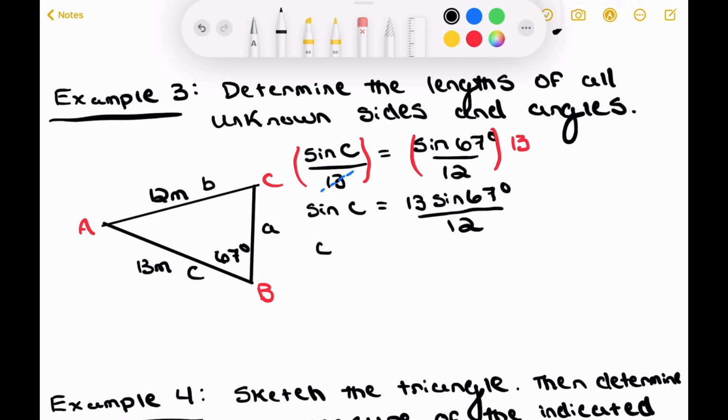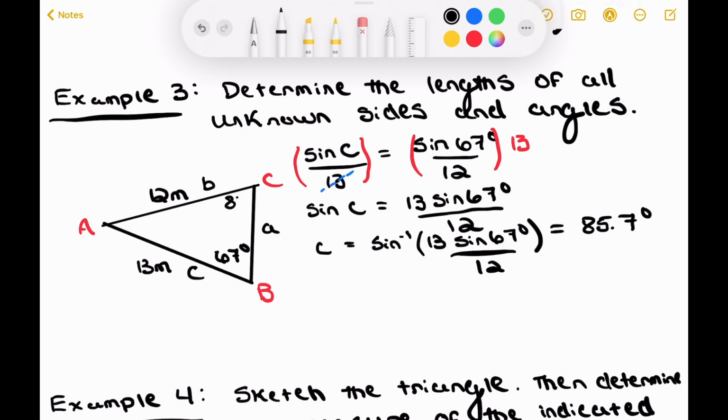So C is equal to arc sine of 13 sine 67 degrees over 12. And this is equal to 85.7 when rounded to the nearest tenth. And that's our degree at C.